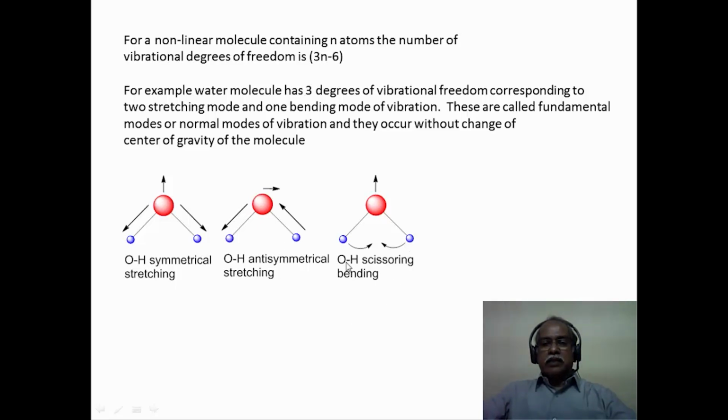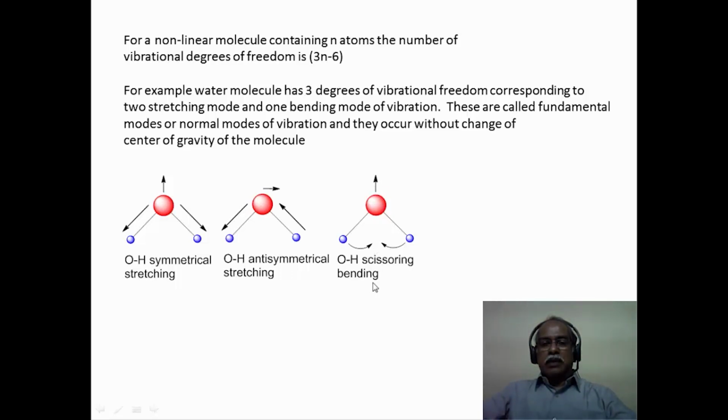This is also a vibration, except it is called the scissoring bending mode of vibration in terms of the molecular motions involved. If you now consider the scissoring motion of the two OH bonds, they both come together and move further away in terms of the scissoring action, and at the same time the oxygen also vibrates in this motion to maintain the center of gravity.